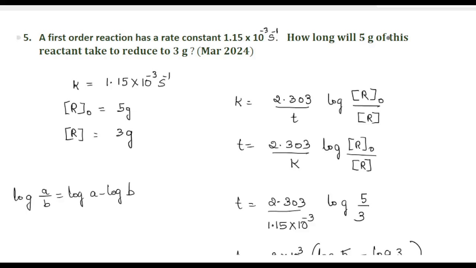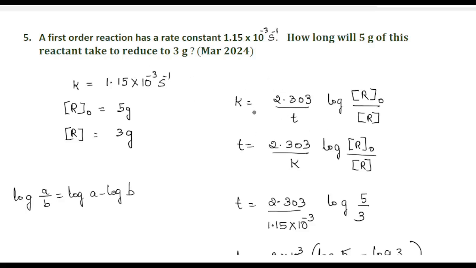The initial concentration R naught is 5 gram and the final concentration is 3 gram. So we need to find the time taken for 5 gram of reactant to reduce to 3 gram.